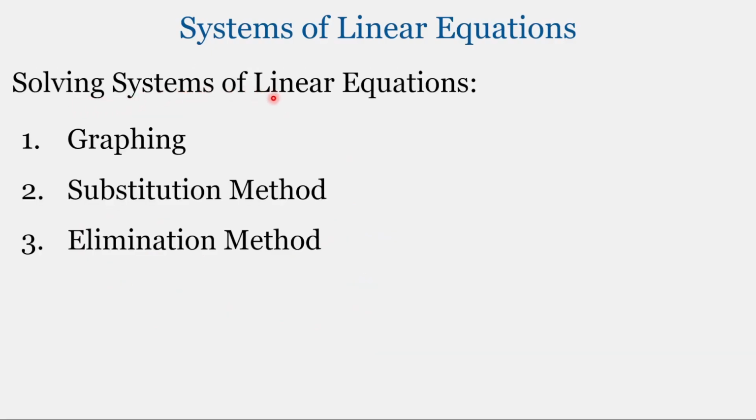As a quick review, when we solve systems of linear equations, the most common methods to use are the graphing method, and that's where you graph the lines and you see what's going on. And then there are two algebraic methods. And these two algebraic methods are commonly called the substitution method and the elimination method.